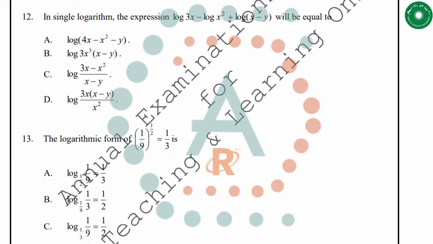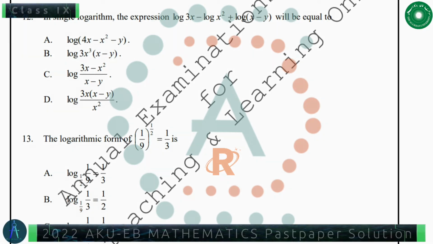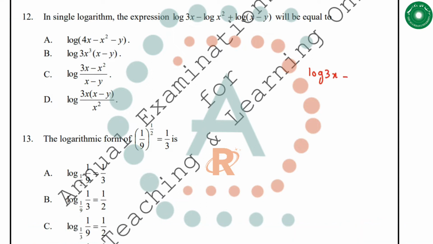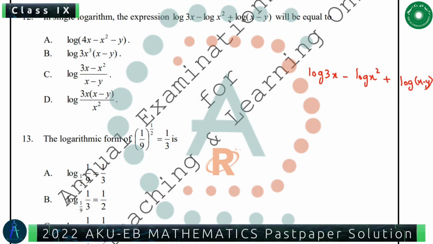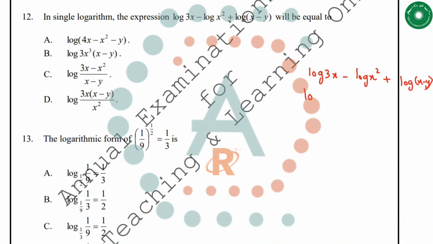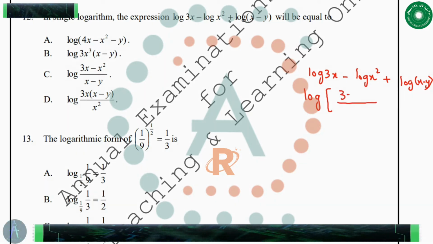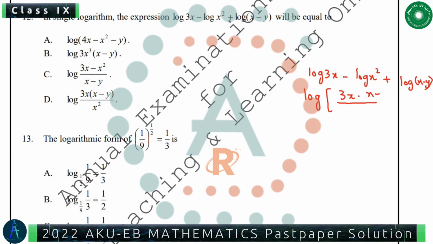Now let's see question number 12. In this logarithmic expression, we have to convert this into a single log. The values are log 3x minus log of x square plus log of x minus y. So we do not have any coefficient in the logarithmic side, so we can just convert this directly into a single log, while the positive log will be in the numerator and the negative log will move to the denominator.